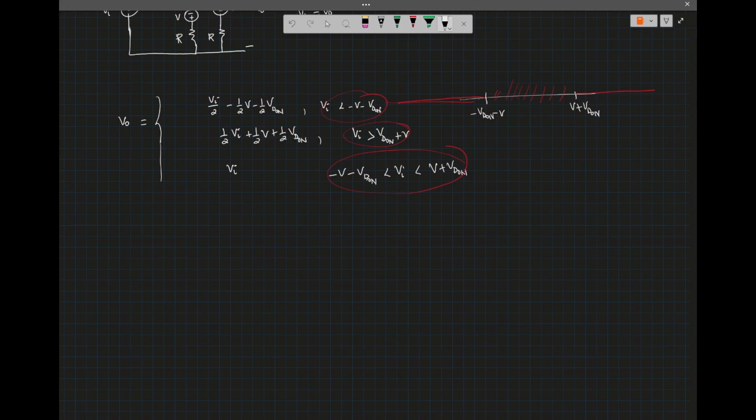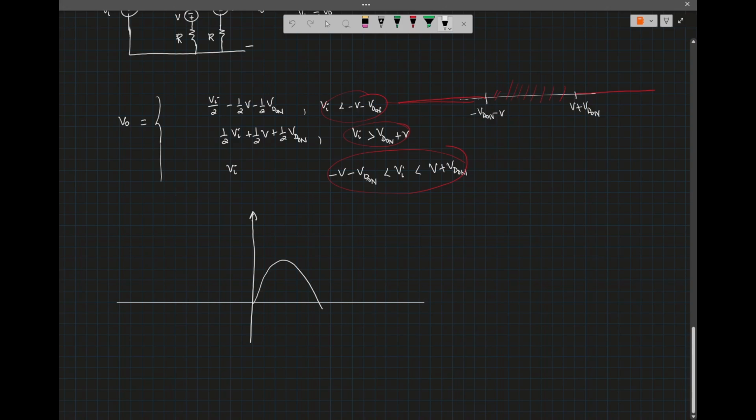Okay, so we can sketch the output voltage on top of the input voltage. The input voltage VI looks like this, so that's the V max, and minus V max.